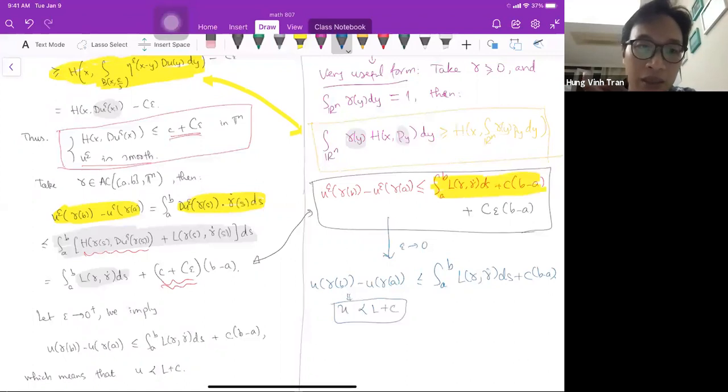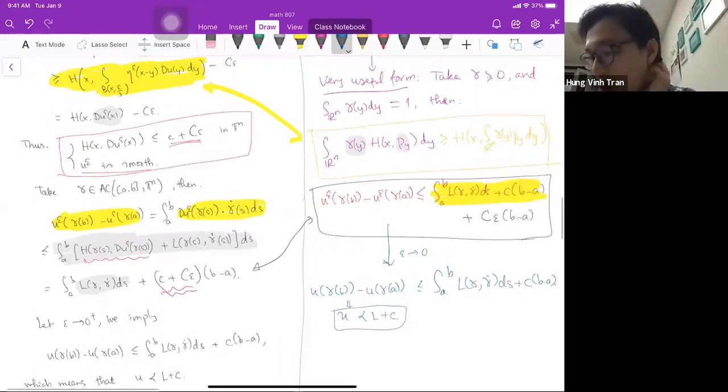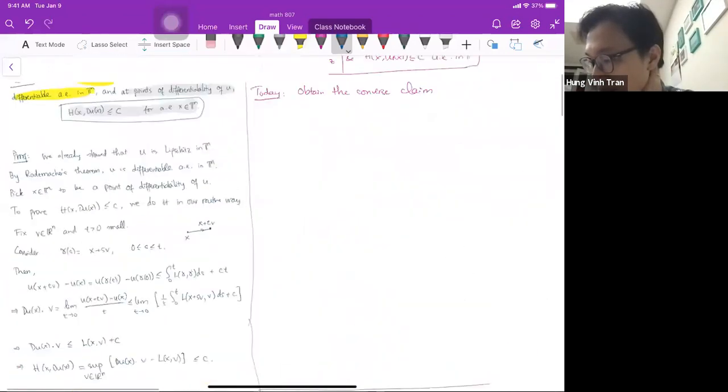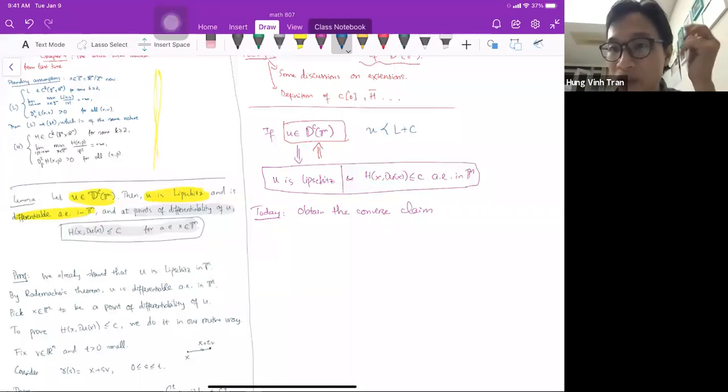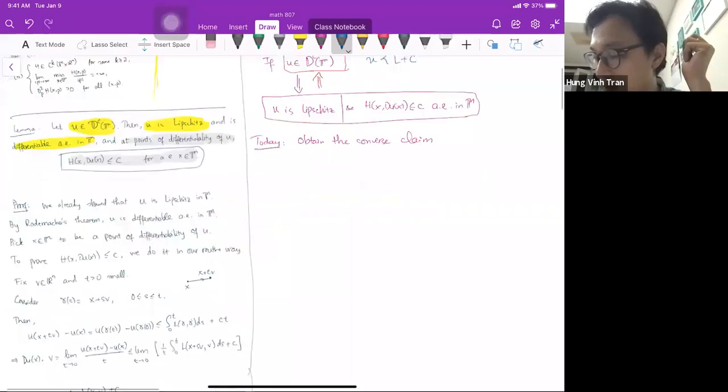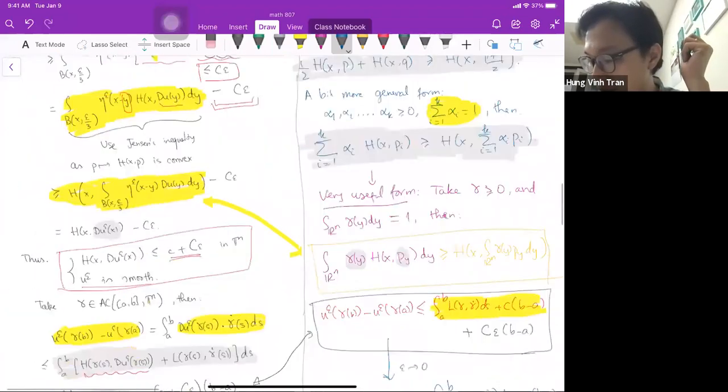The point that I'm highlighting up here is that this is only about u being bounded by an action functional for any two given points. But we have been able to characterize that it's equivalent to a PDE in the almost everywhere sense, and that's really remarkable. So that's the proof.